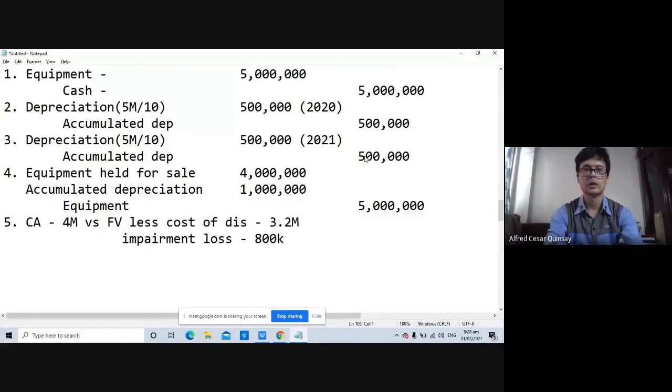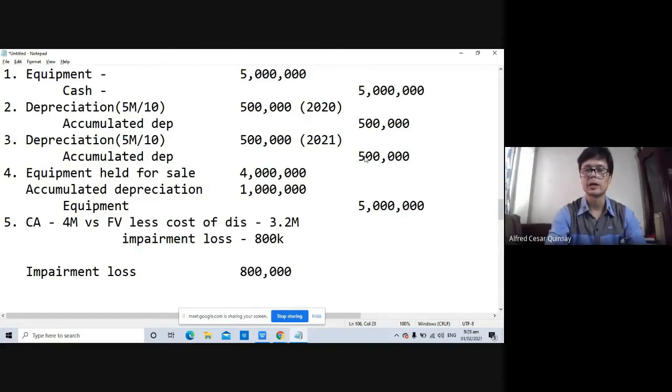I-account natin to. So debit, this is debit impairment loss, no? I-recognize natin. Okay, so impairment loss. Magkano 'yon? Kung magkano yung na-compute natin, so 800,000. So this is carrying amount of 4 million less yung fair value niya, less cost of disposal nung December 31, 2022 na 3.6.